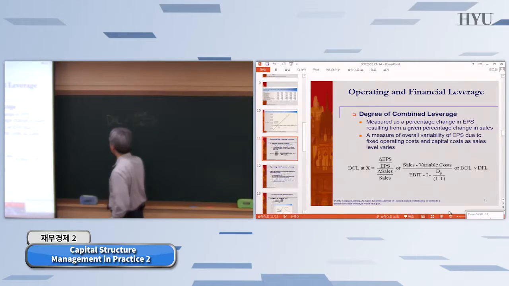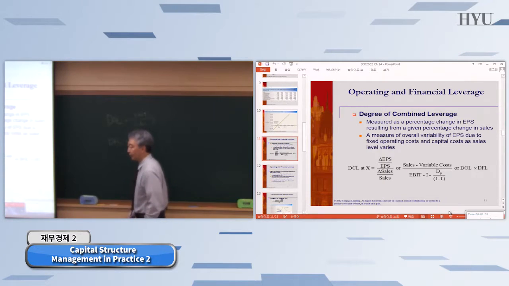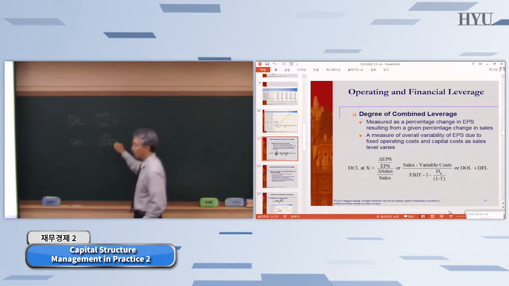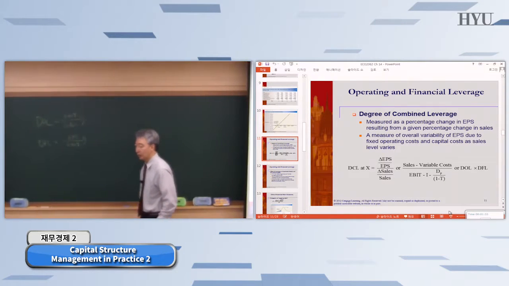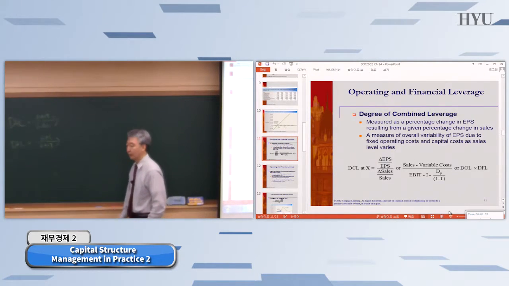Degree of financial leverage was the relationship between EPS and EBIT. When your operating income increases or decreases, what's going to happen to earnings per share? That's the degree of financial leverage.